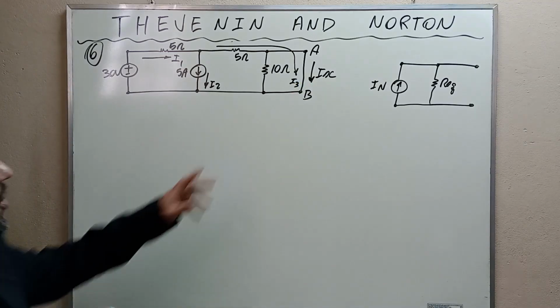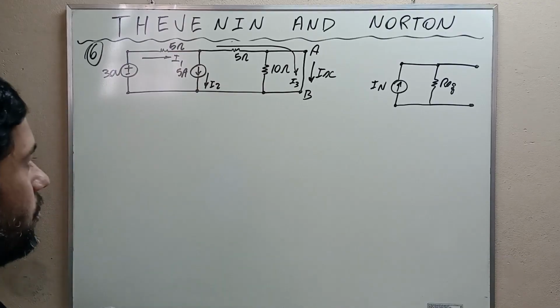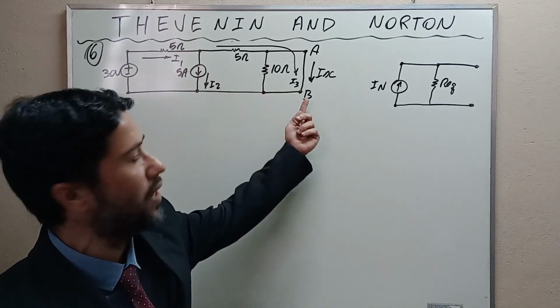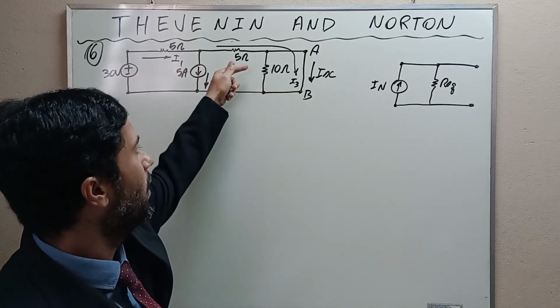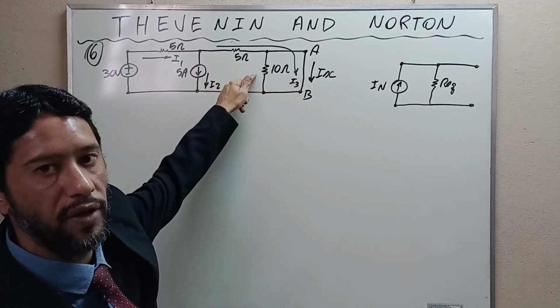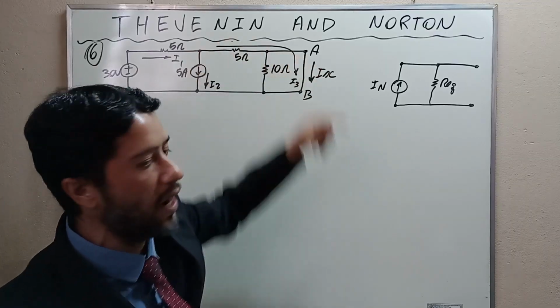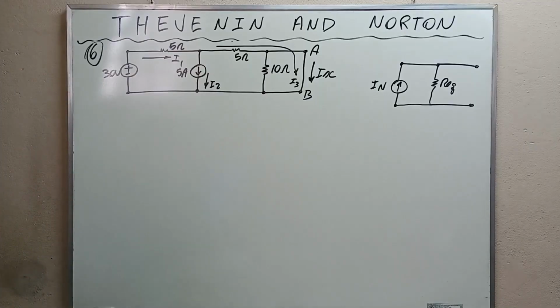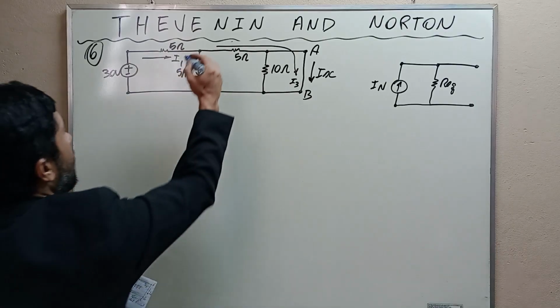I3 doesn't pass through this 10 ohms resistance because it is in parallel with the short circuit. The current is going to avoid this resistance and pass entirely through the short circuit. Alright, my friends? So, again, the sum of the currents that enter a node has to be equal to the sum of the currents that leave the node. Okay? I'm going to call this Vx.